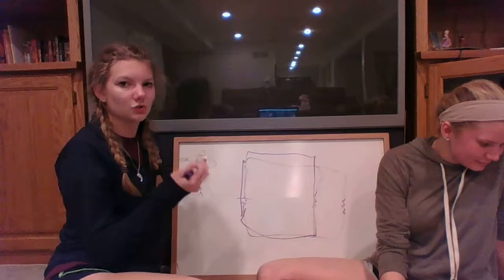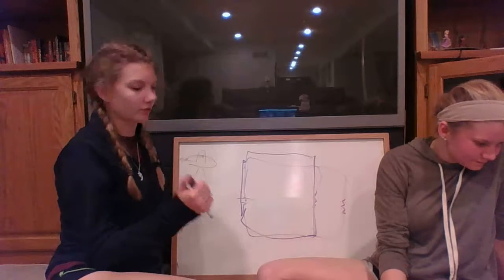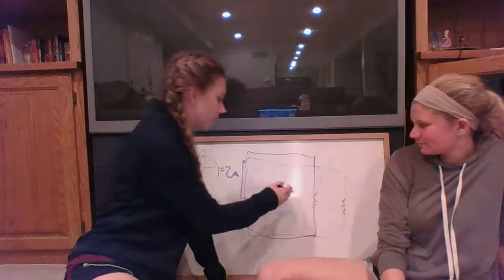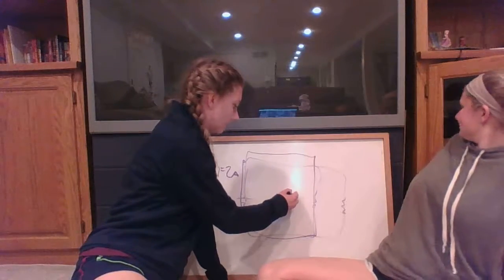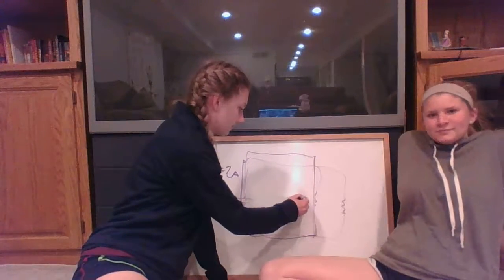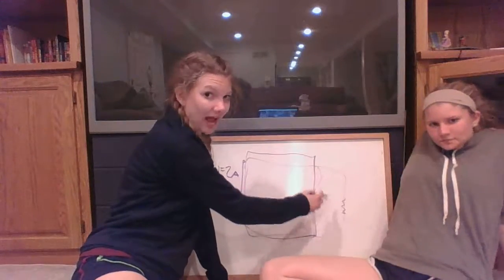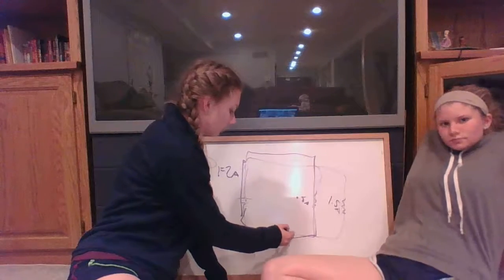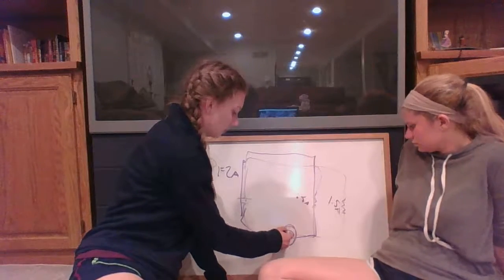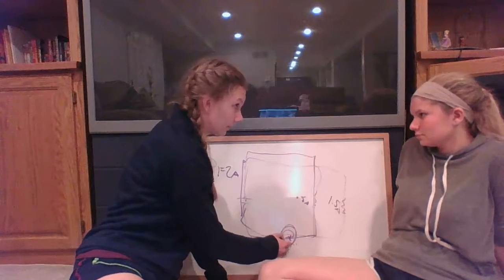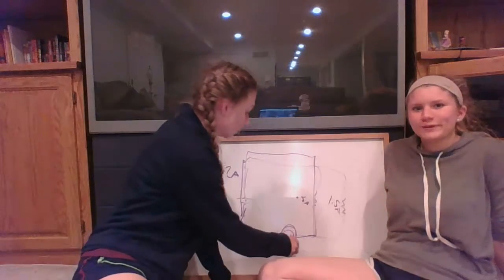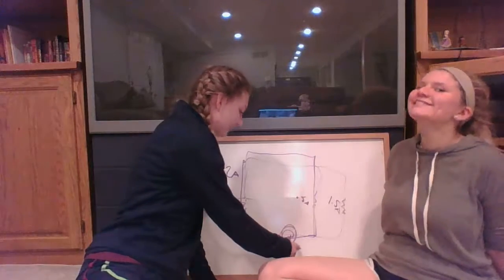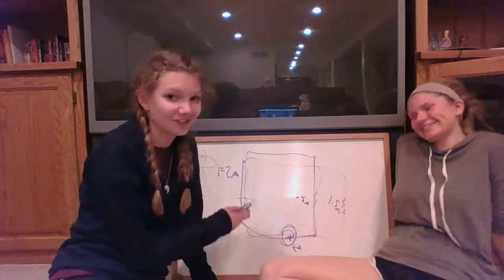So if there's two amps of current, and this resistor has 0.5 amps, then this resistor has to have 1.5 amps, because at the end, an ammeter, which measures current, would have to read 2.